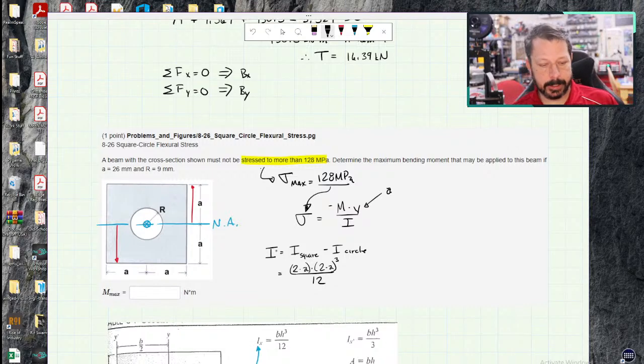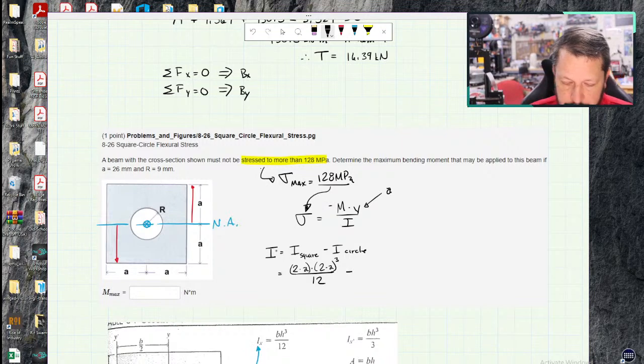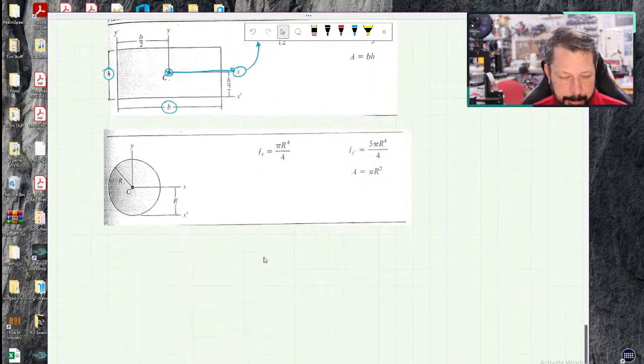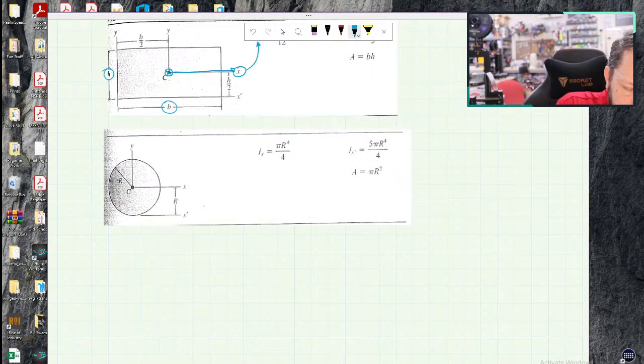Whatever a is, we'll have to plug that in. a is 26 millimeters for me. Minus the moment of inertia of the circle about the neutral axis, which happens to also be the circle's centroid. Again, we're at this axis, which is x, which corresponds to that equation.